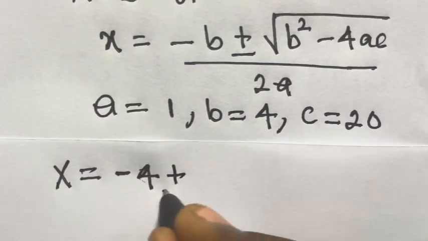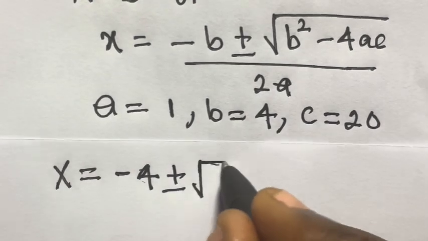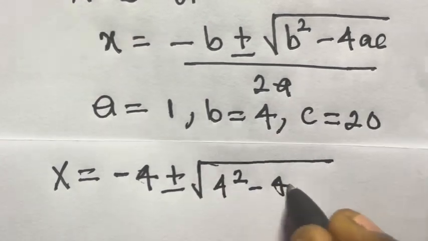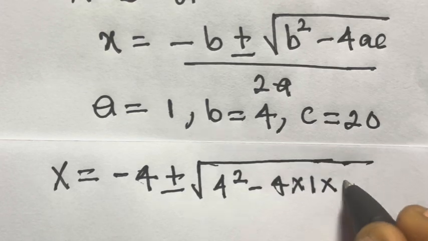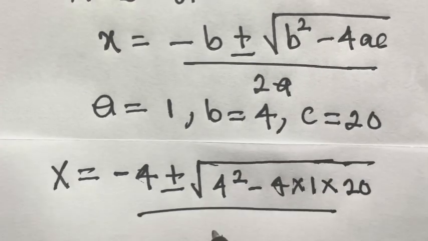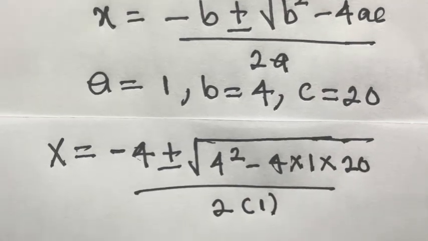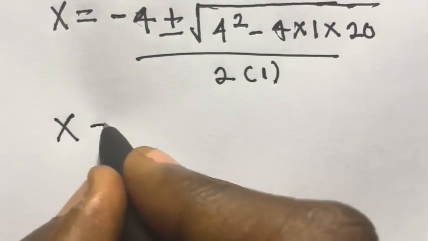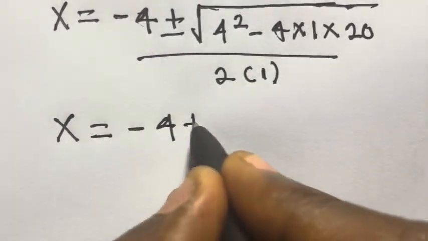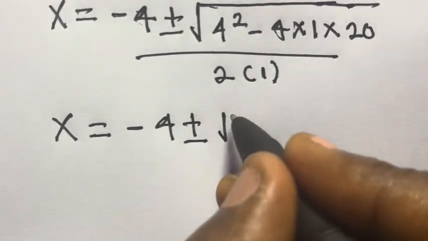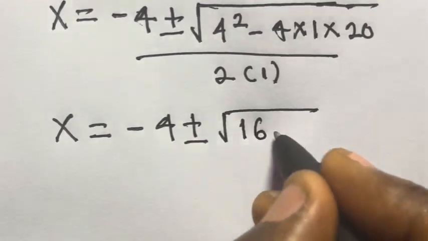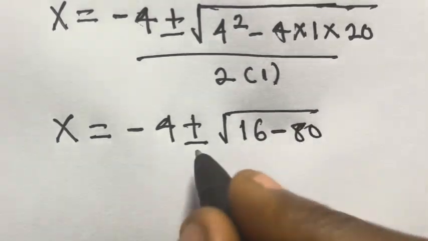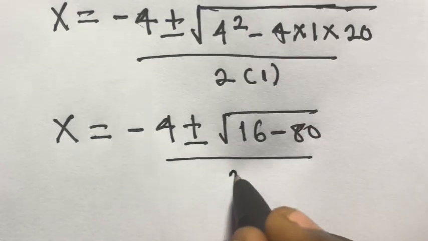Substituting these values into this formula, we have x equals minus 4 plus or minus the square root of b squared, which is 4 squared, minus 4 times a, where a is 1 and c is 20, divided by 2 times a, which is 1. So we'll have x equals minus 4 plus or minus the square root of 4 squared, which gives us 16, minus 4 times 1 times 20, that is 80, divided by 2 times 1, that is 2.